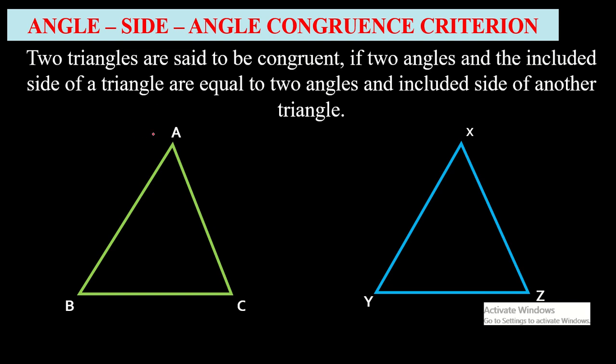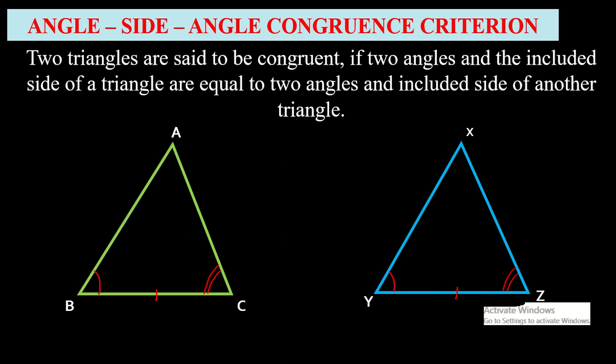These two triangles will be congruent if two angles of triangle ABC, angle B and angle C, are equal to two angles of triangle XYZ, that means angle Y and angle Z. Also, the included side between these two angles, here in ABC it is BC, and in XYZ it is YZ.